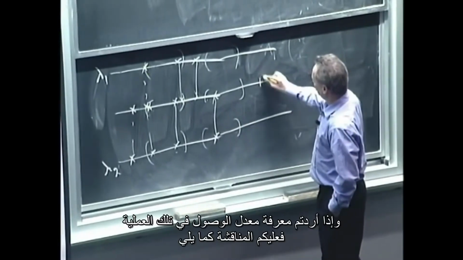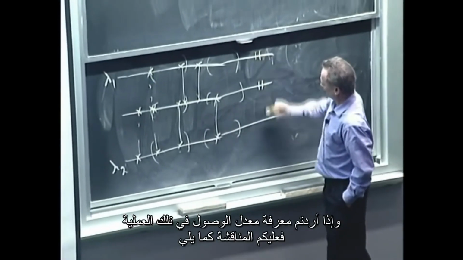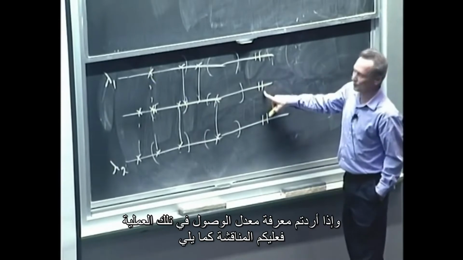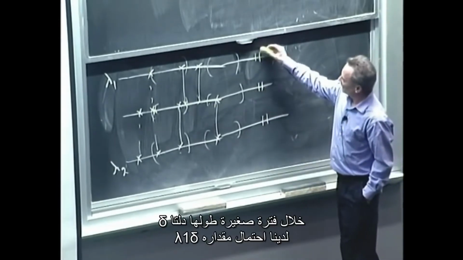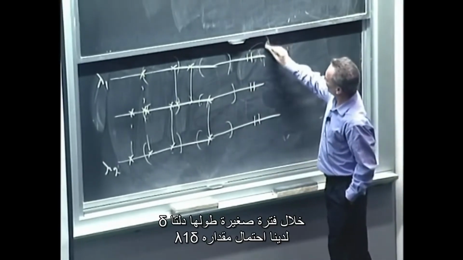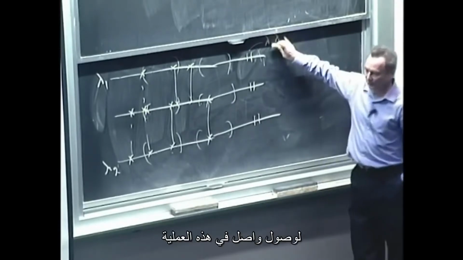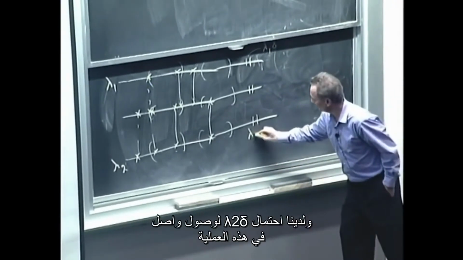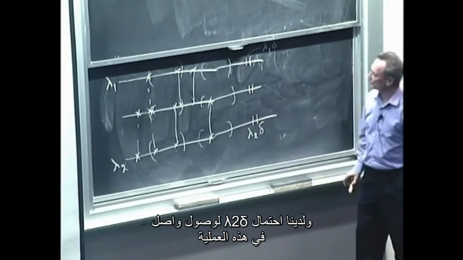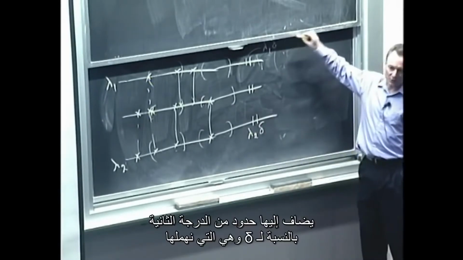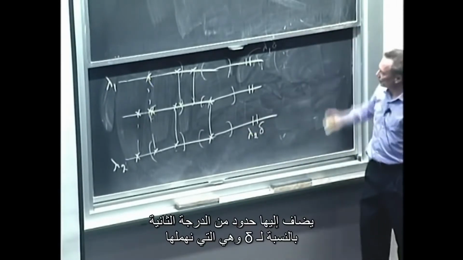And if you want to find the arrival rate for that process, you argue as follows. During a little interval of length delta, we have probability lambda 1 delta of having an arrival in this process. We have probability lambda 2 delta of an arrival in this process, plus second order terms in delta, which we're ignoring.